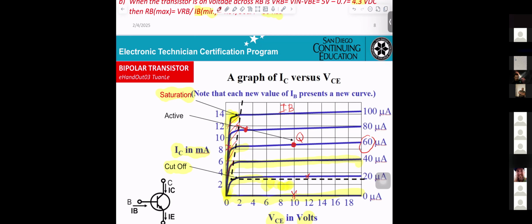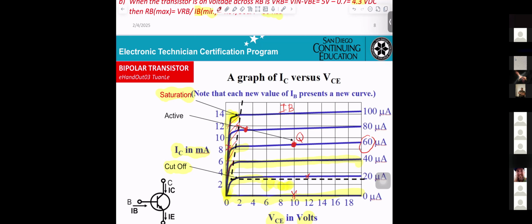That cannot happen. So that's why the Q point normally they pick in the middle here. It can move up or down, that doesn't matter.